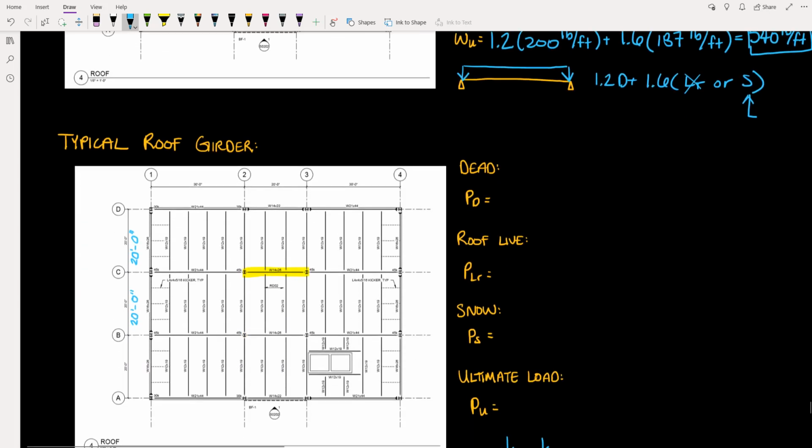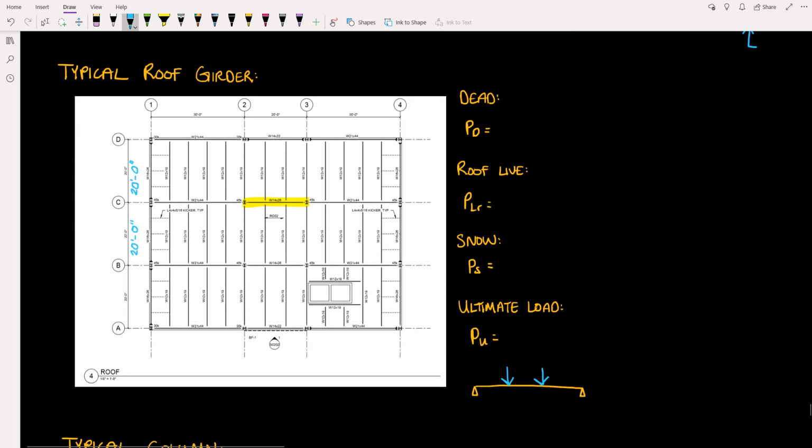Now, moving on to the roof girders. For the girders, of course, they will be receiving the load from the beams. And so rather than having a linear load across the member, we will have point loads in two locations. And it's important to note for an interior girder like this, it will receive load on both sides.